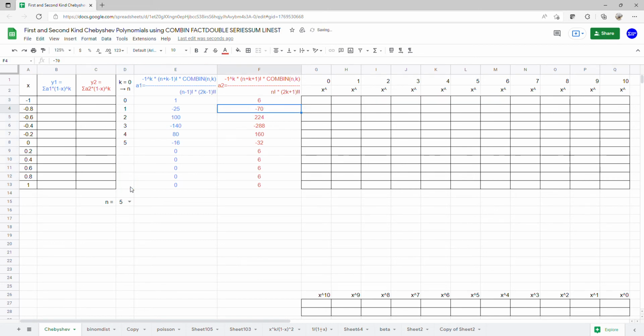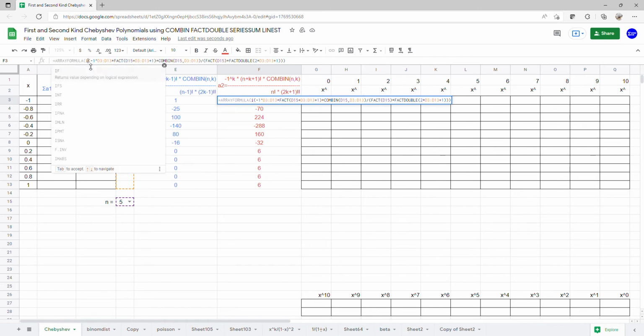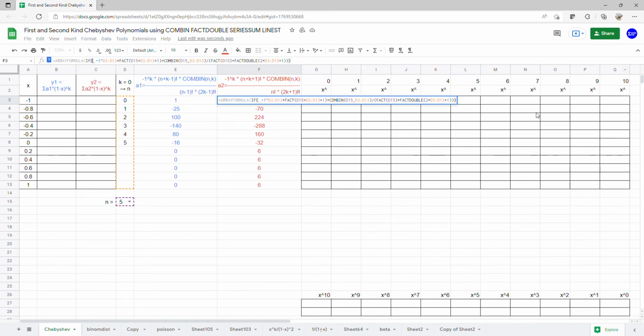And enter. Now if k is empty, this should be 0. So we correct this: if k is empty, then 0. Otherwise, calculate. Now it's fixed.